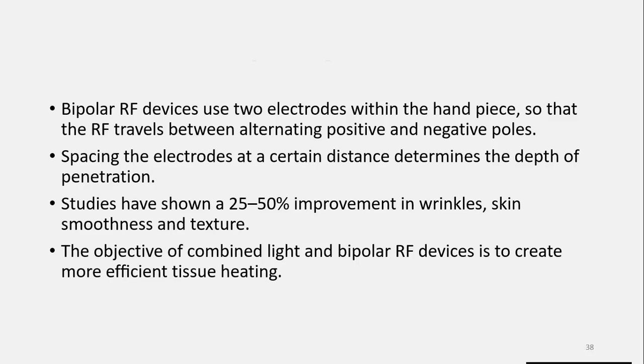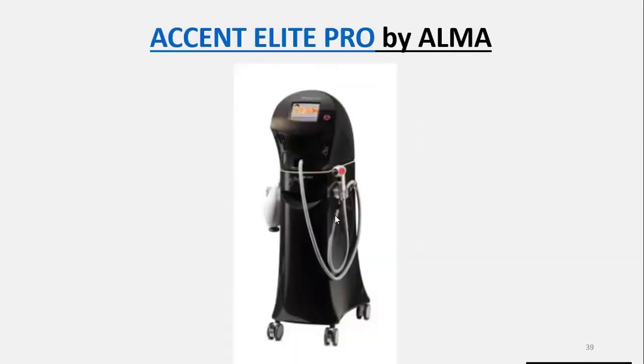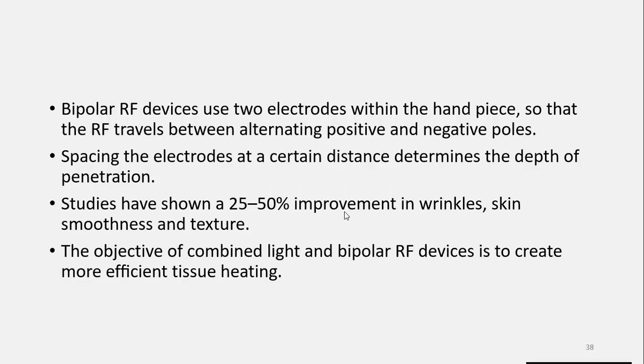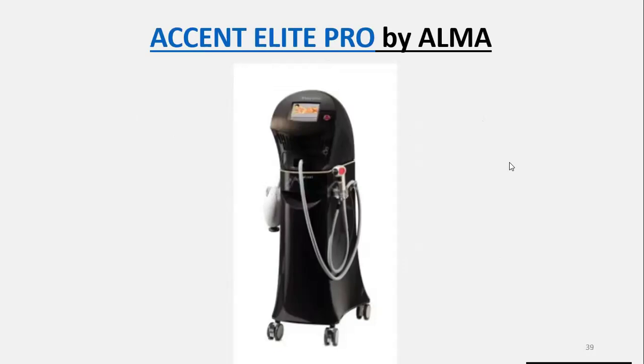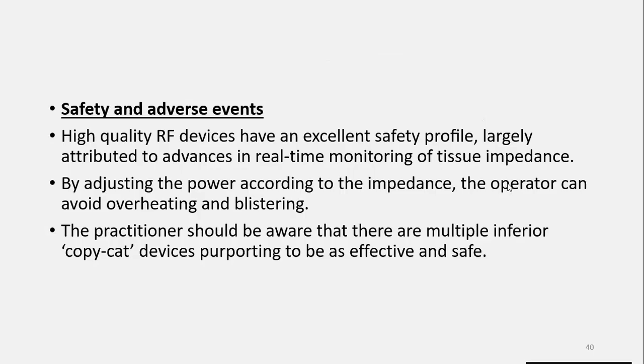Studies have shown 25 to 50% improvement in wrinkles, skin smoothness, and texture with these devices. The objective of combined light and bipolar radiofrequency devices is to create more efficient tissue heating. This is one of those devices in which a bipolar machine is used. That is the Ascent E-Light Pro by Alma Lasers.